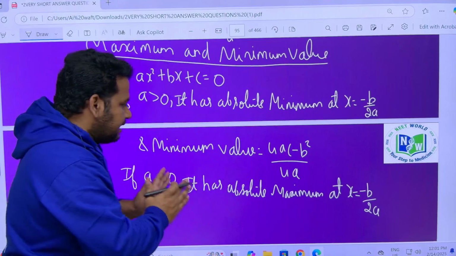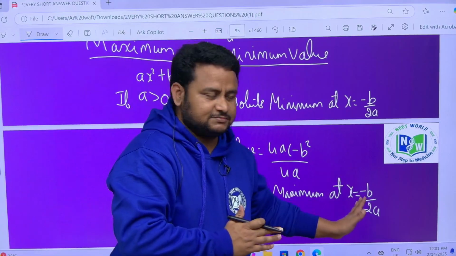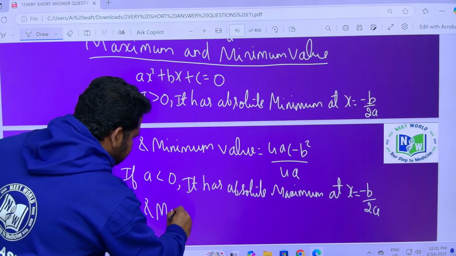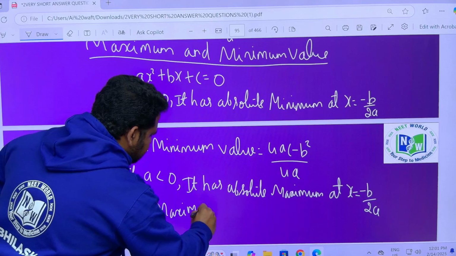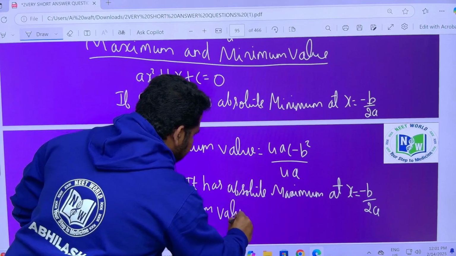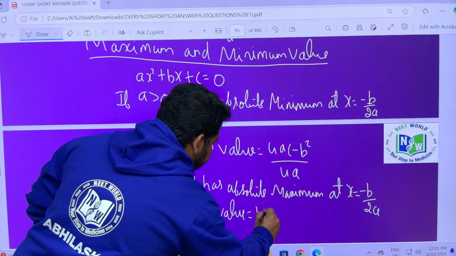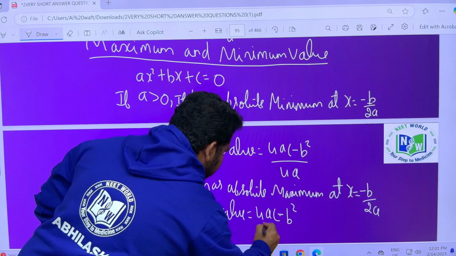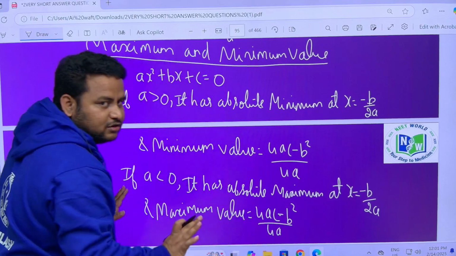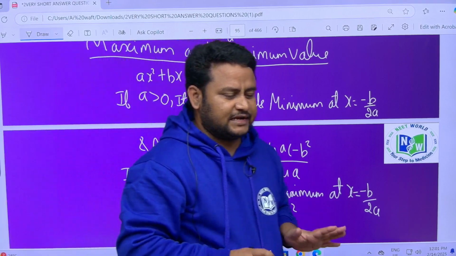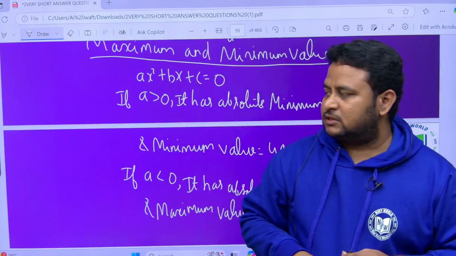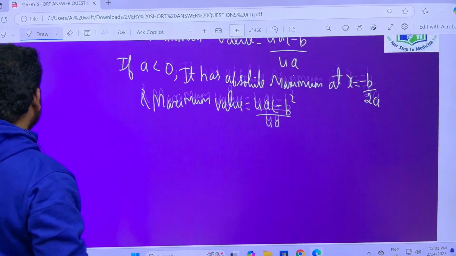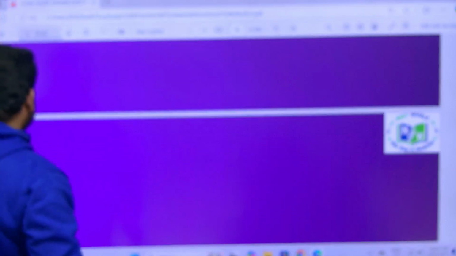And the maximum value is given by the same formula, (4ac minus b square) by 4a. These are the concepts which should be very clear when it comes to quadratic expressions. Now we will solve the VSAQs which have been asked in previous years based on quadratic expressions.